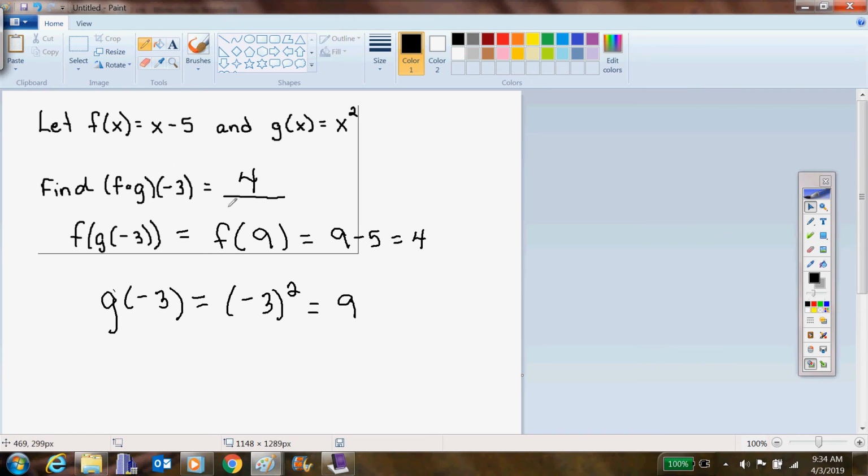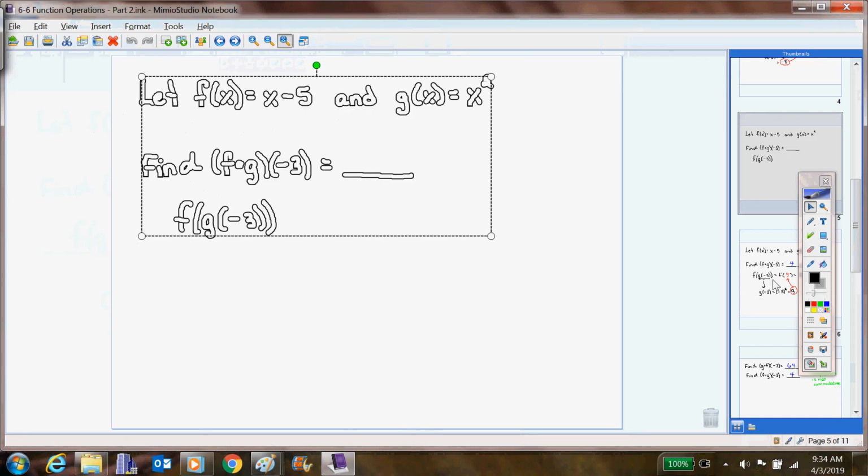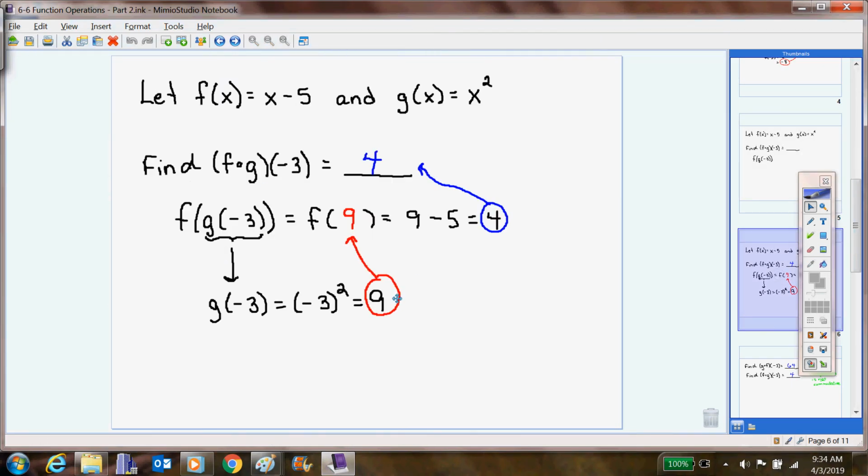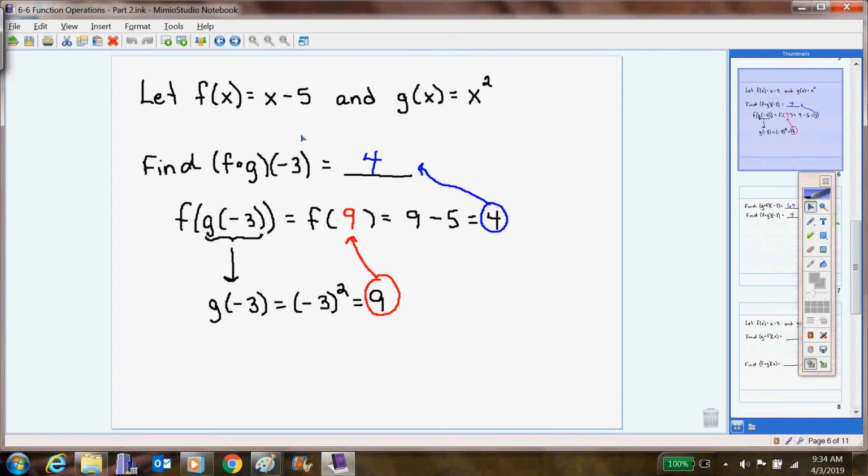So this one has an answer of 4. g of f of -3 was 64. Completely different answers, completely different things that were done. The order of these functions determines what gets done first, and it makes a big difference in the answer. So my question is: is the composition of functions commutative?